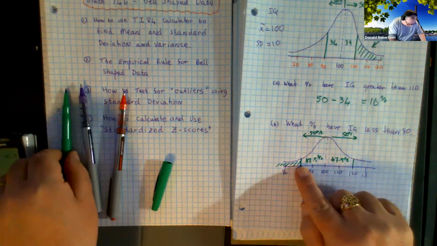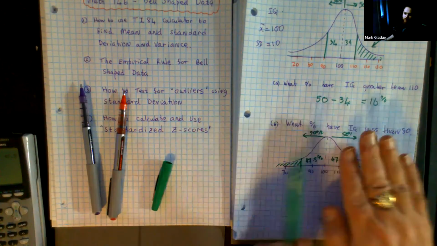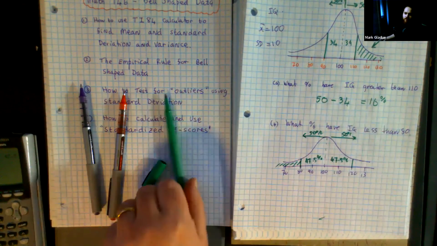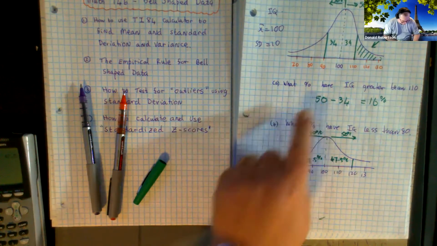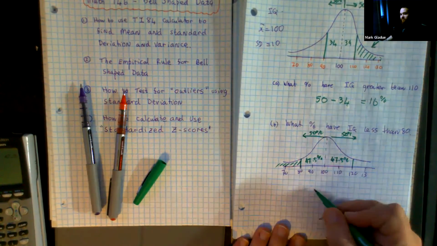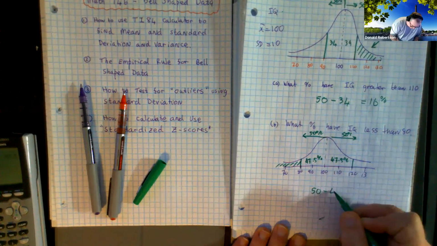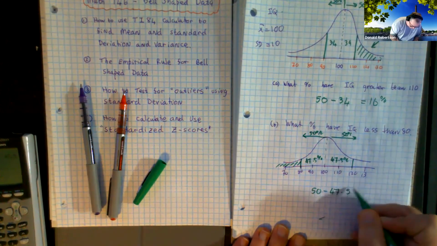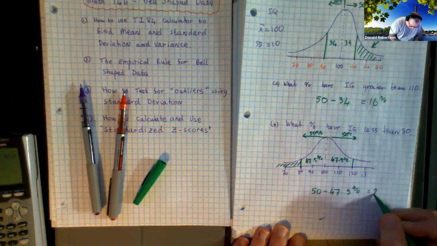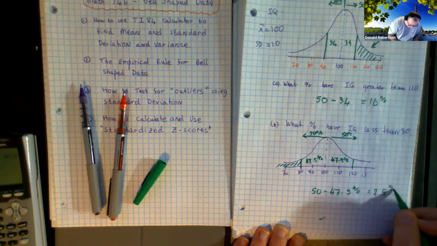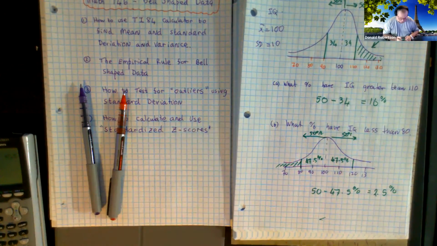What percentage is left over? 2.5. And didn't you do a similar calculation? 50 take away that piece. So the answer would be 50, take away 47.5%, and that leaves you with 2.5%. So roughly 2.5% of the population have an IQ less than 80.